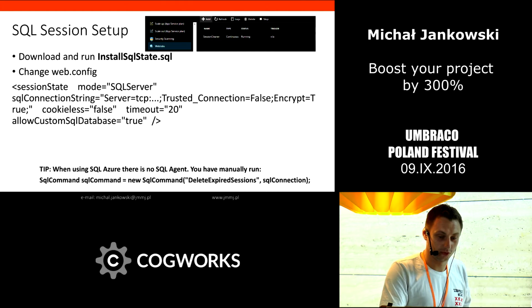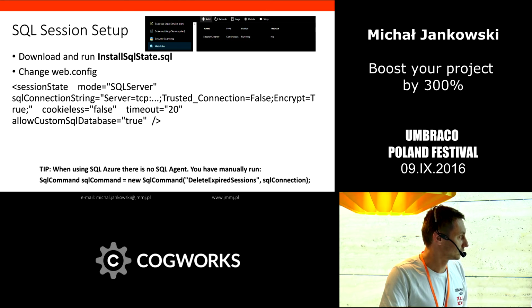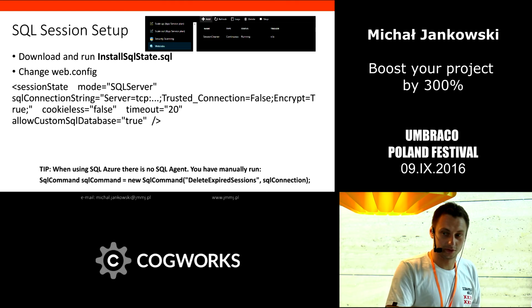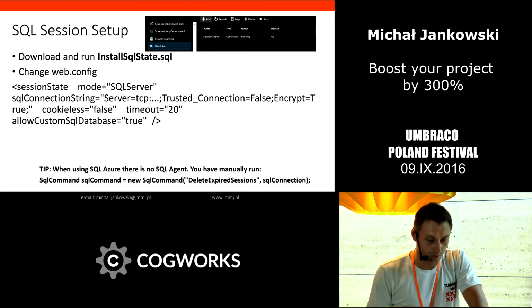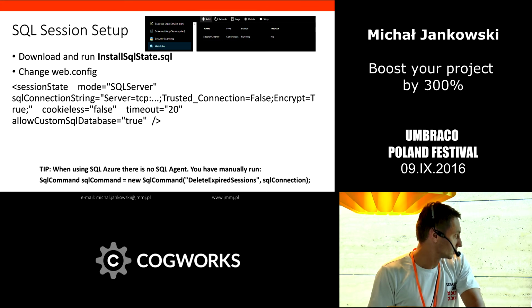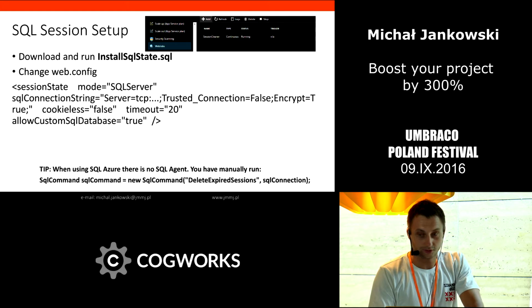If you just get this presentation, then put this into Google, and you get a script to make a SQL session instead of the memory one, and it goes fine. Then copy this to your web config.